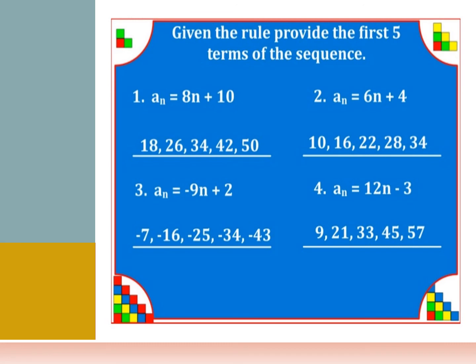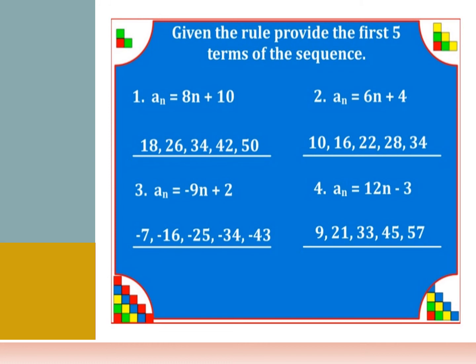So 10 plus 8 is 18. This is the first term of the sequence, 18. Then, because the value of d in the first example is 8, 18 plus 8 is 26, plus 8 is 34, plus 8 is 42, plus 8 is 50.